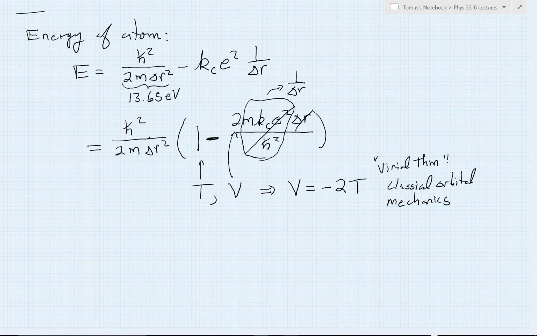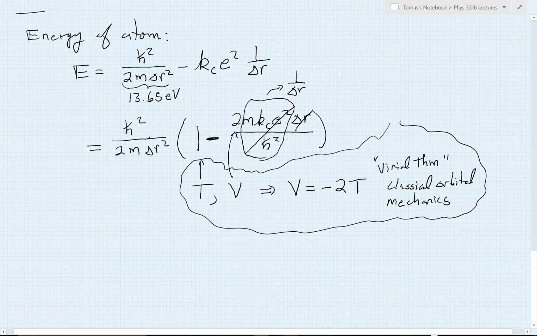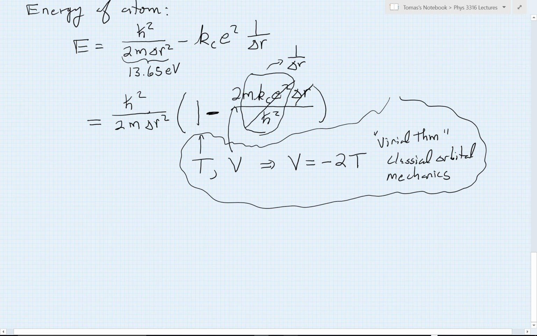The more on this original stream of thought is that, well, 1 minus 2 now, that's an easy number. That's minus 1. So the energy then is going to be minus h bar squared over 2m delta r squared, and that numerically equals exactly minus this first quantity, minus 13.65 electron volts.